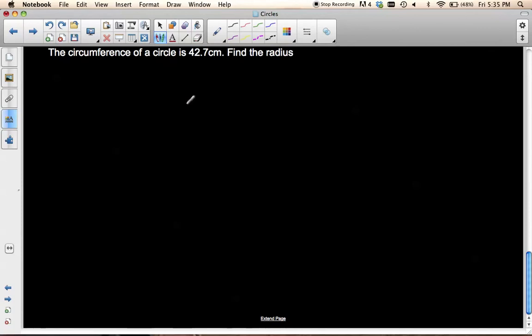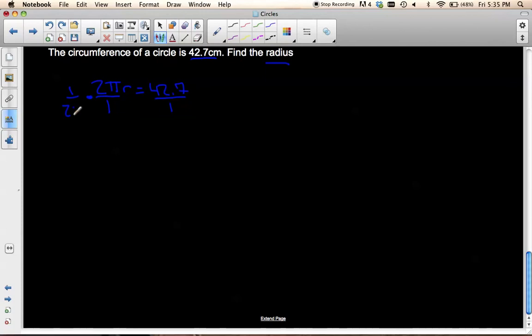Now, if we're working backwards and we need to find the radius, well, we know that 2 times pi times the radius will give us the circumference, and our circumference in this case is 42.7 centimeters. We do the same thing. We treat this as a variable that we need to isolate. So we need to isolate radius. So we put 2 pi over 1, 42.7 over 1.